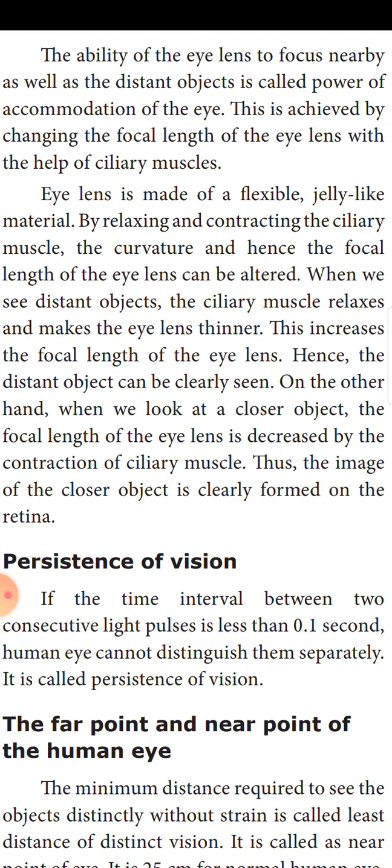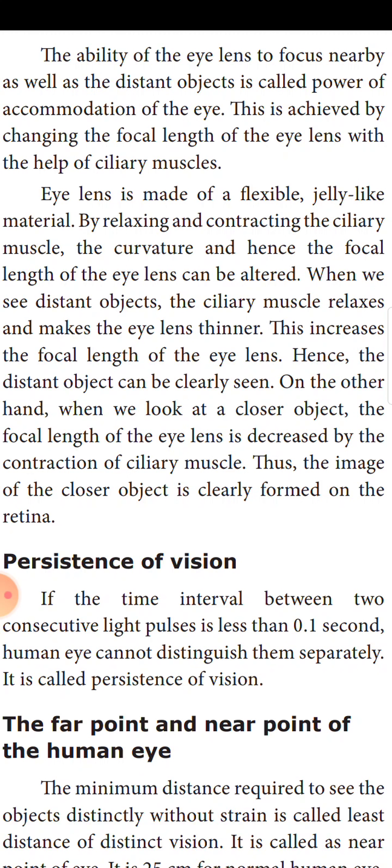When we see distant objects, the ciliary muscle relaxes and makes the eye lens thinner. This increases the focal length of the eye lens, hence the distant object can be clearly seen. On the other hand, when we look at a closer object, the focal length of the eye lens is decreased by the contraction of the ciliary muscle. Thus, the image of the closer object is clearly formed on the retina.